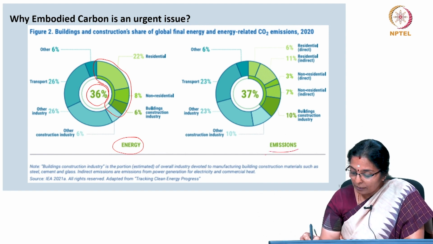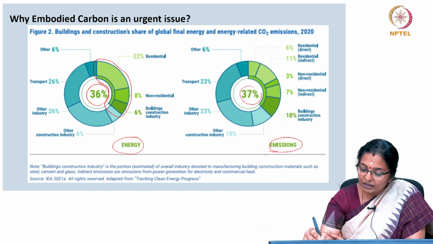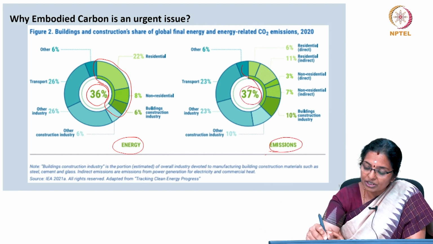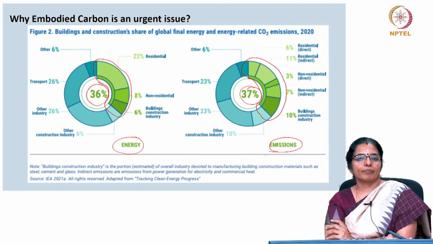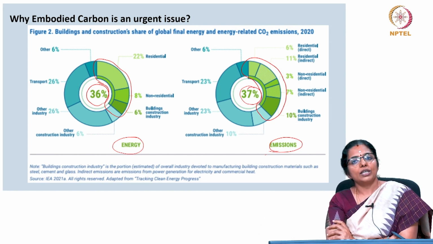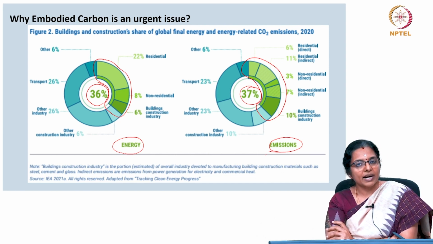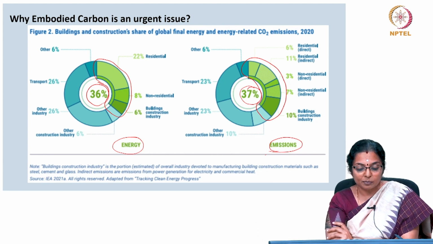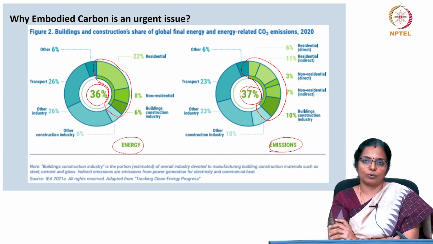And what are the emission percentages? If you look at this, 37% of GHG emission comes from the building industry. If you and I as architects make prudent choices of building materials, respecting climate, context and the environment, definitely this 36% of energy and 37% of emissions can come down.